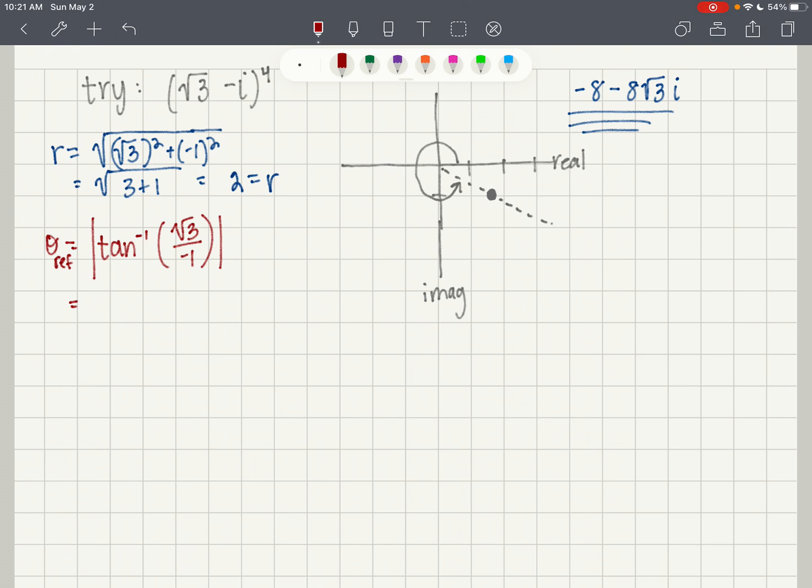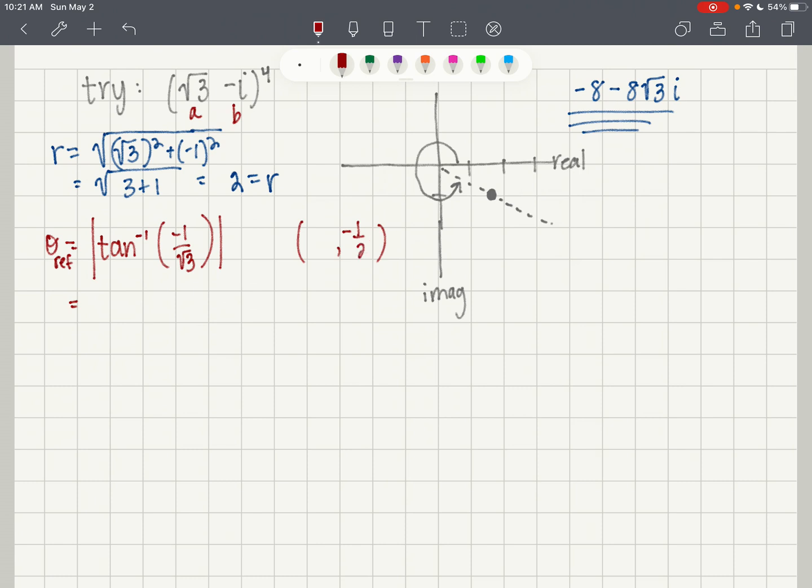So the inverse tangent of square root of 3 over negative 1, that's a y over x. Which should be negative 1 over square root of 3, y over x. We've got that. Yep, see, here's our b over a, right? b over a.